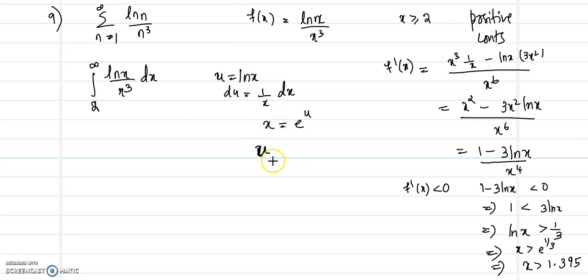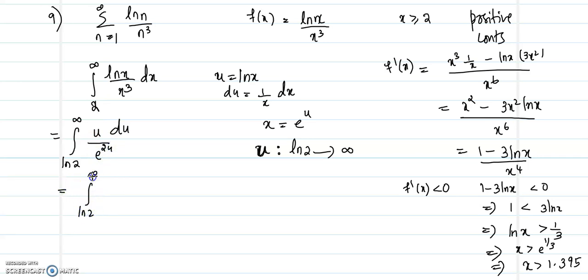Here x varies from 2 to infinity, so u will vary from log 2 to log infinity, which goes to infinity. Now log x will be u, (1/x) dx will be du, and we have an x squared remaining in the denominator, which will be replaced by e to the 2u. So we will get the integral from log 2 to infinity of u e to the minus 2u du.